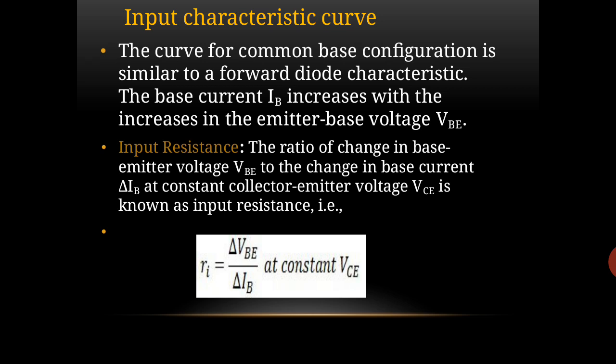So simply just remember that Ri is the input resistance and it is the ratio of change in base emitter voltage to change in base current at constant VCE, the collector emitter voltage.